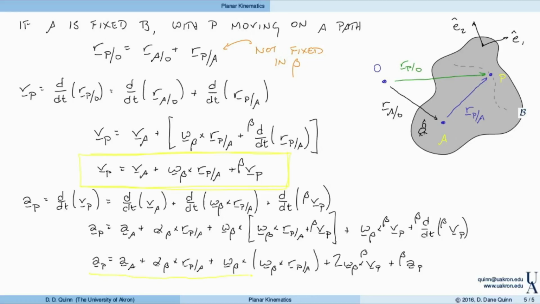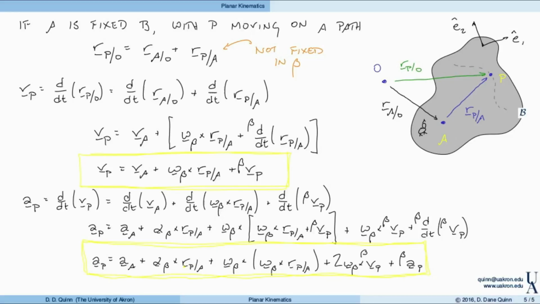So this is now our most general form for the acceleration of P in terms of the motion of the object. Right, so that is encompassed by the acceleration of A, the angular acceleration of the body, the angular velocity of the body, together with the relative motion of P, because now P is moving around in the object, with respect to the body itself.